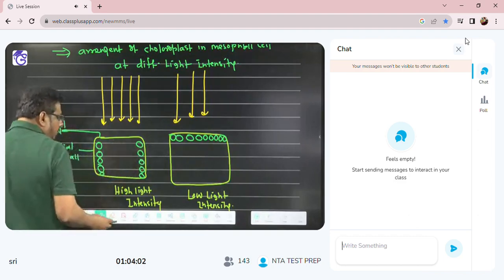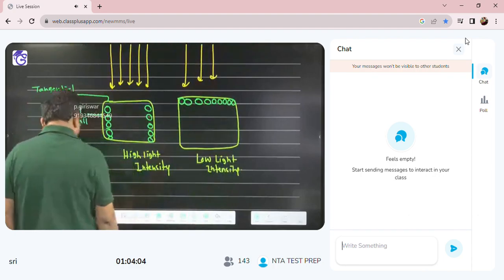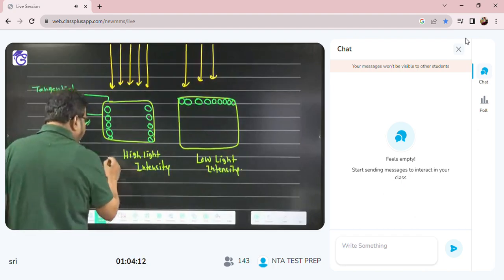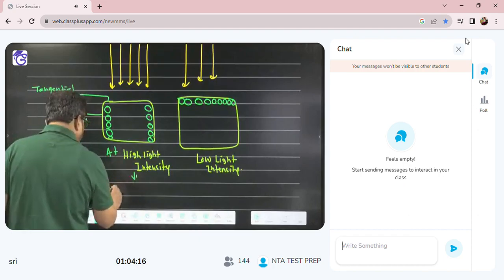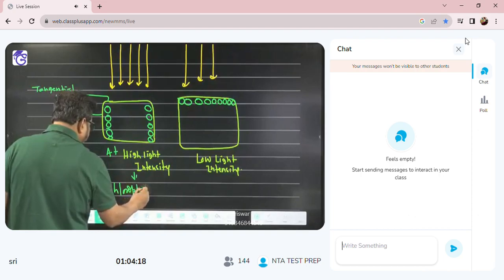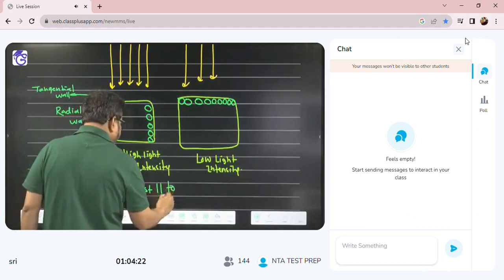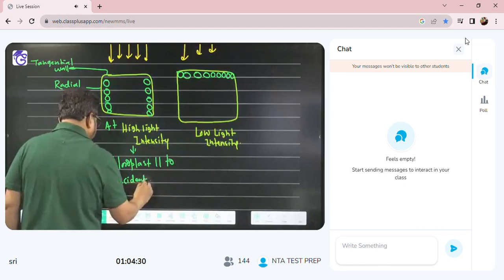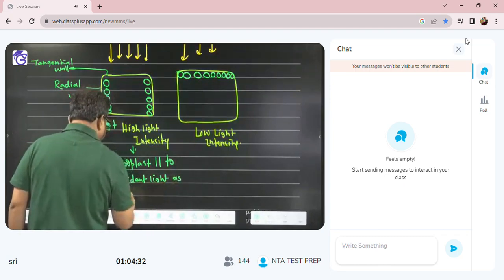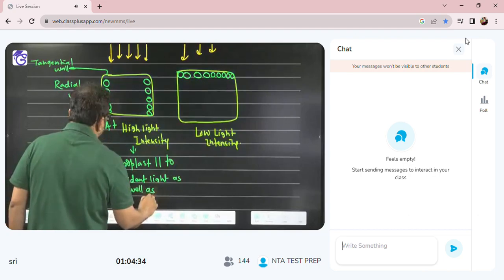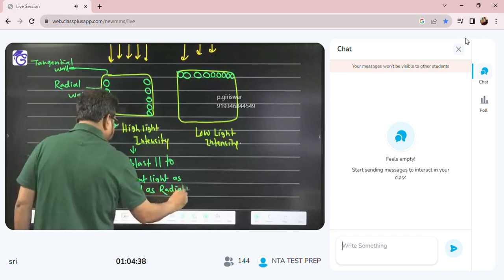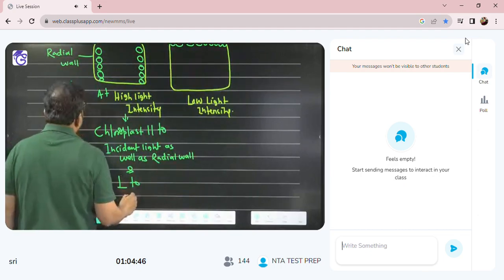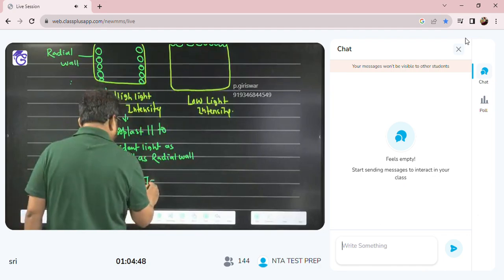Same here. So what you find in case of high light intensity: at high light intensity, chloroplast is parallel to incident light as well as the radial wall, and perpendicular to the tangential wall.